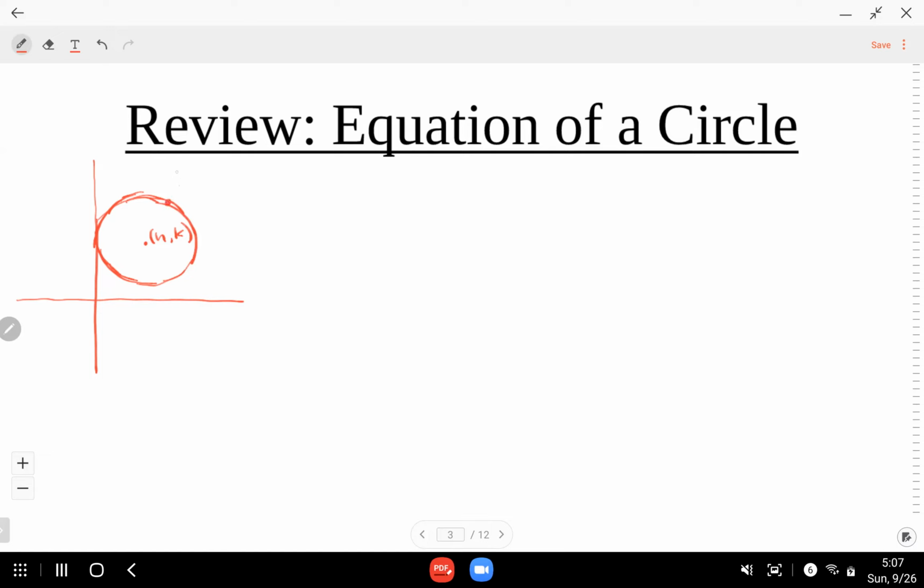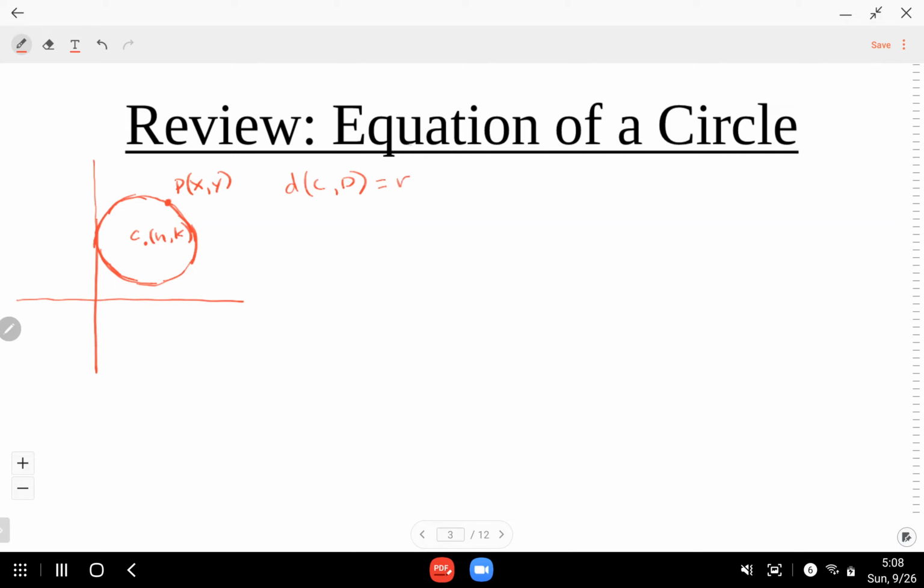Point P here is on the circle, and this is C. The distance between C and P is the radius.